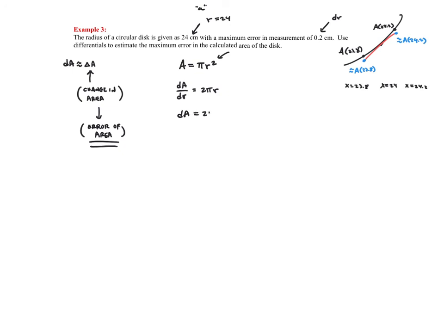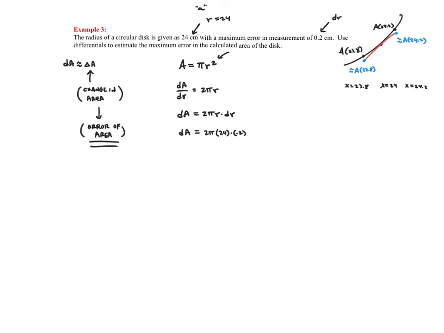So dA will be 2 pi r times dr. Now we know r and we know dr. So the change in area, given this error in its radius measure, would be 2 times pi times r, 24, times dr, which is 0.2.